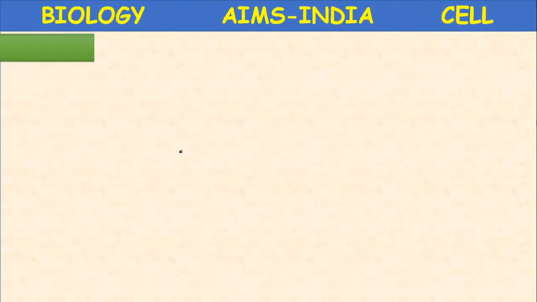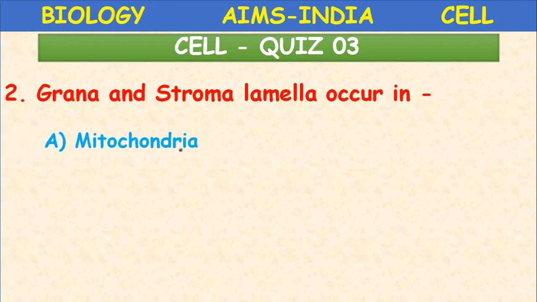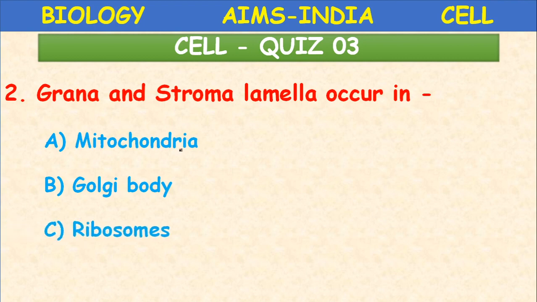Next question. Grana and stroma lamella occur in which organelle? Mitochondria, Golgi body, ribosomes, chloroplast.